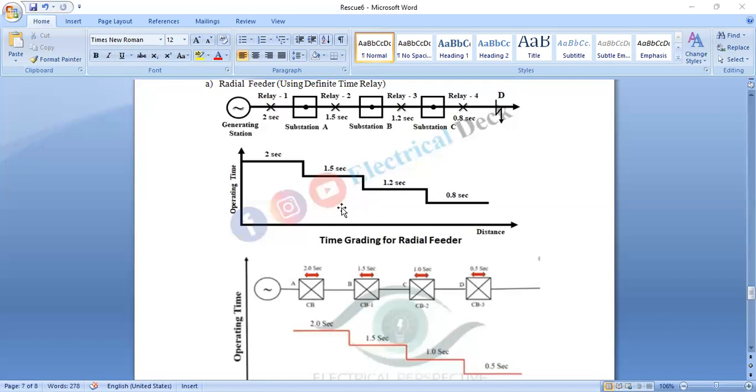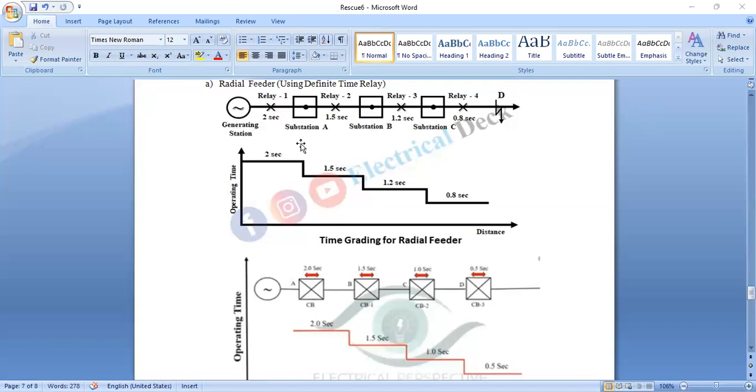It is not suitable for long lines, because the relay will not operate in the long section, so the healthy section also becomes unhealthy. The continuity of supply cannot be maintained at the receiving end in the event of a fault.